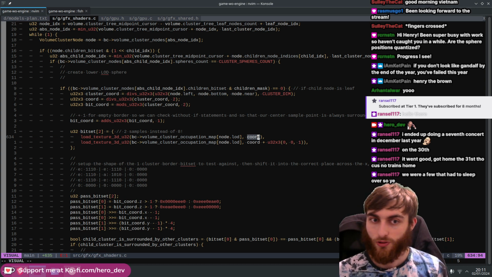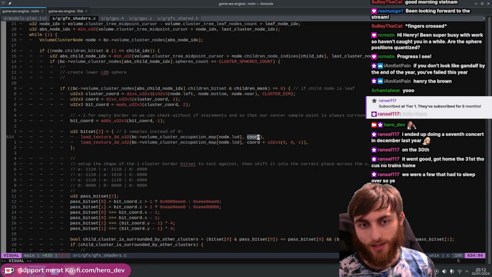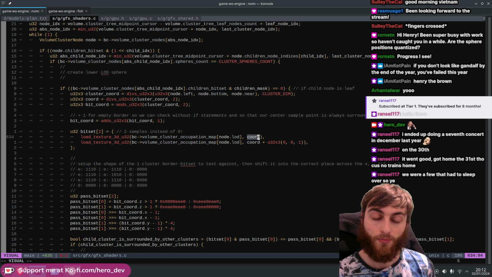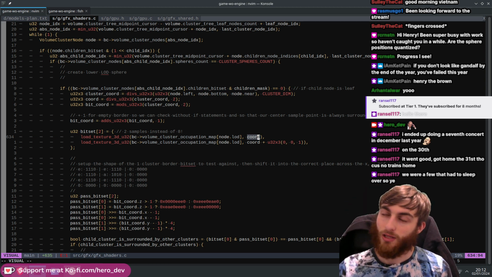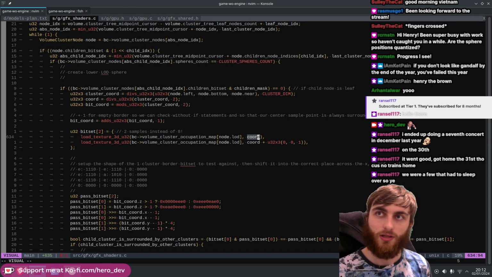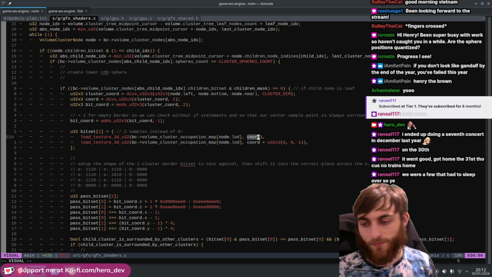So this means we can use this bit set to check if all of our neighbors have a full cluster, and if they do, we can then demote our cluster. We can get rid of it and say, hey, this thing is now a lower level of detail, and we just do that going up the whole tree.